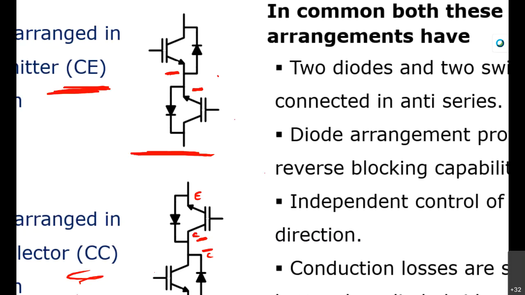We have three terminals, right? Gate, collector and emitter. So between which terminals is the gate signal connected? Gate and emitter.